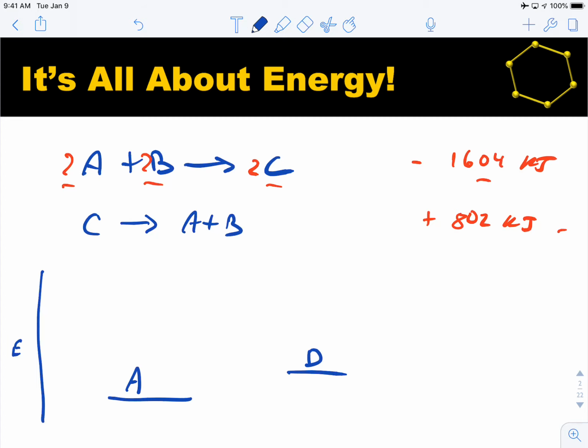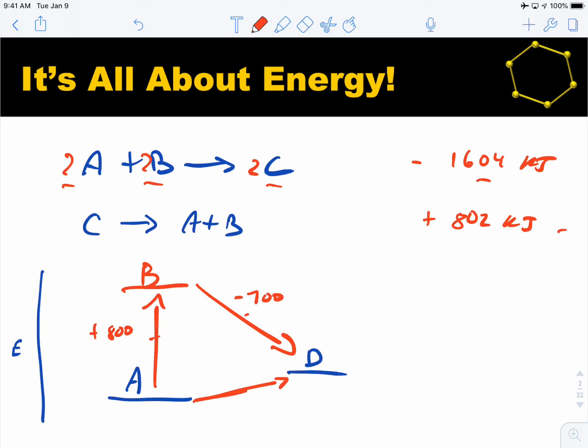But what you do know is the energy going from A to B, and you also know the energy going from B to D. Effectively, we can determine the energy going from A to D simply by adding these two values. This one would be positive 800, and this one would be negative 700. You could see that it would take 800 kilojoules of energy, if these are in kilojoules, to go from A to D.